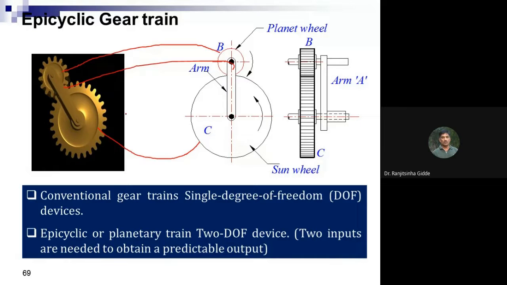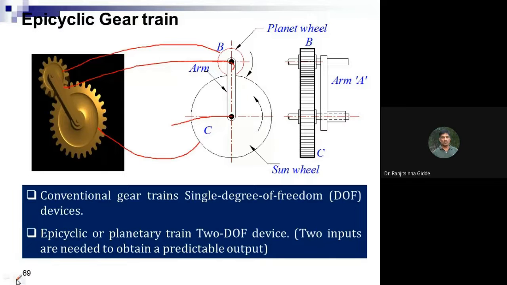Okay, so this is the gear C, this one is gear B, and this is the arm. Now if you consider, this is the fixed axis and this black one is going to rotate about this fixed axis.